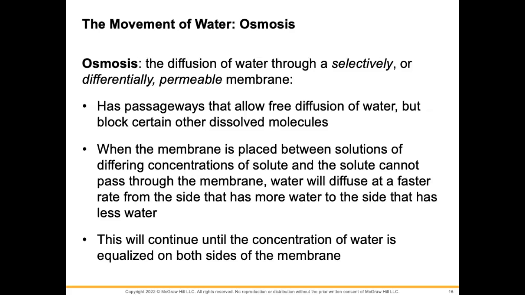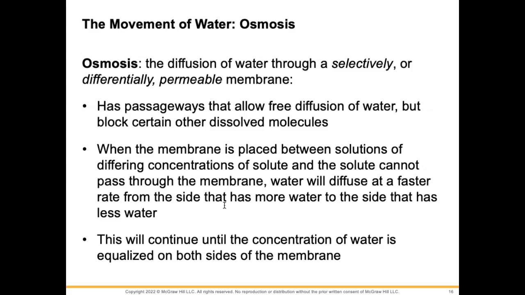So when we're talking about osmosis, the cell has passageways that allow free diffusion of water but block certain other dissolved molecules. And when the membrane is placed between solutions of different concentrations of solute or solids, and the solute cannot pass through the membrane, water will diffuse at a faster rate from the side that has more water to the side that has less water.